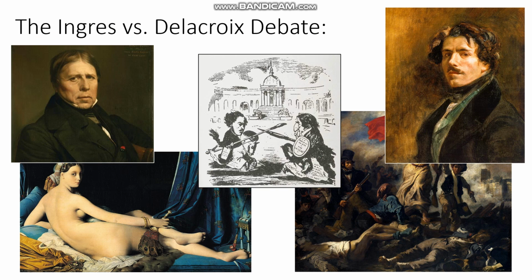We can see this divide again in the 19th century with the Ingres Delacroix debate, where some artists were very much for drawing as the starting point of painting, and drawing being very much based on the line, whereas Delacroix and the people who followed his way of thinking saw it as being about mark making and painting and shape first, and about color first.